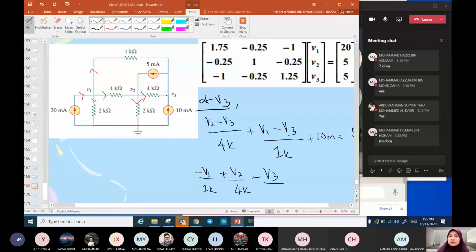If you solve them, what will be V1, V2 and V3? Please try, all of you.